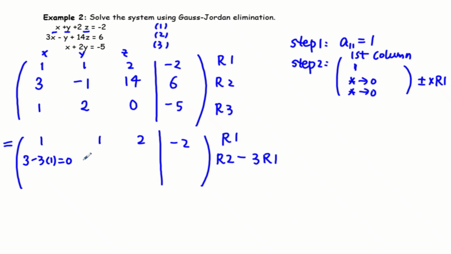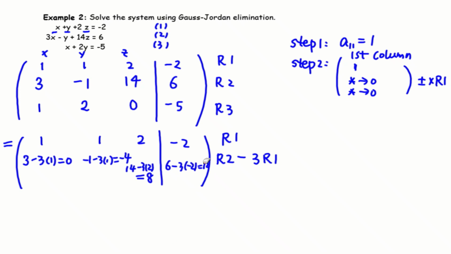The second one, -1 minus 3 times 1, gives us -4. 14 minus 3 times 2 gives us 8. Then 6 minus 3 times -2 gives us 12.